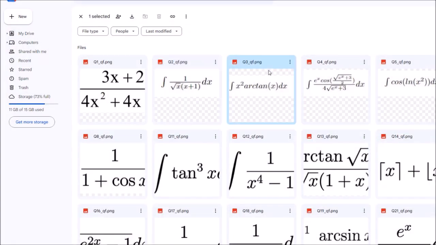Next one. That is just 2 inverse tangent of square root of x. There you go. X squared inverse tangent. This is just integration by parts. So this would just be inverse tangent of x squared, x cubed over 3.